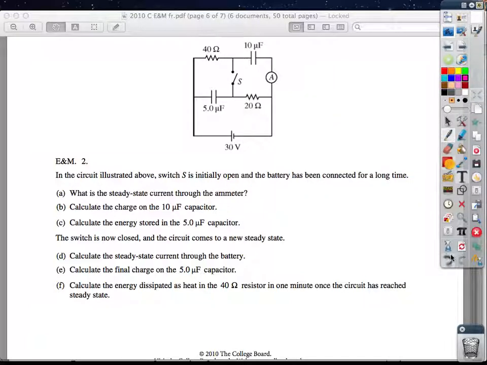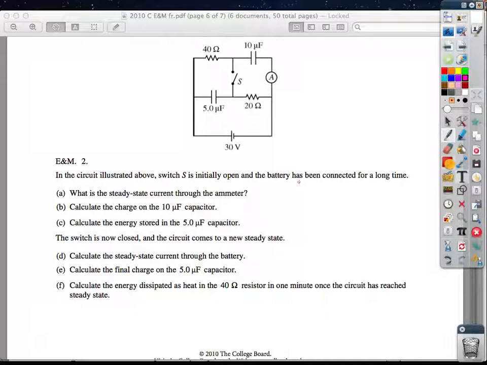Okay? So then, calculate the charge on the 10 microfarad capacitor. If we look at that capacitor, the 2 ends are connected directly to the battery, right? Because if there's no current in the circuit, how much voltage is being used up at those resistors? 0, right? Because if current is 0, then voltage is 0 on a resistor.